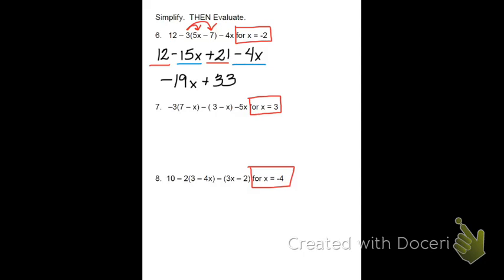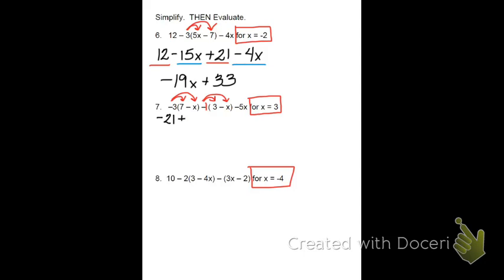Okay, number 7. Again, you're going to distribute this first set of numbers and this second set. And a lot of times we do forget, but this is represented as a negative 1. When there's no number at all in front of the parentheses or behind that minus sign, you have to understand that that's represented as a 1. Okay, so negative 3 times 7 is going to give you negative 21.